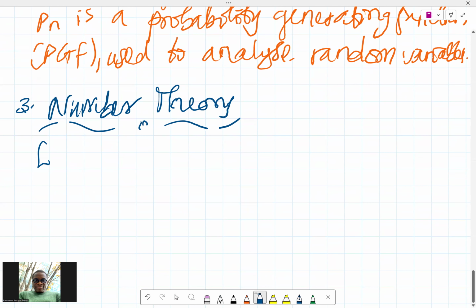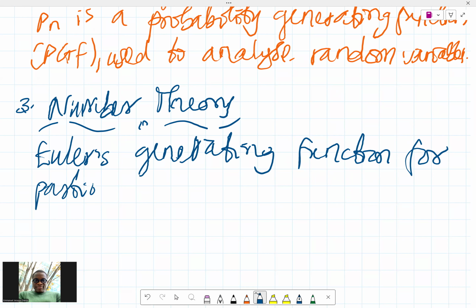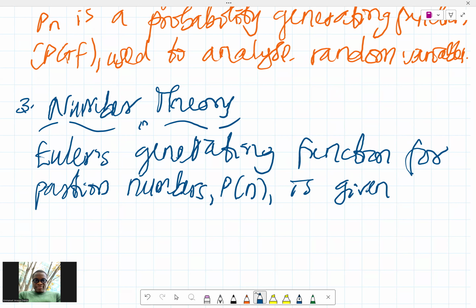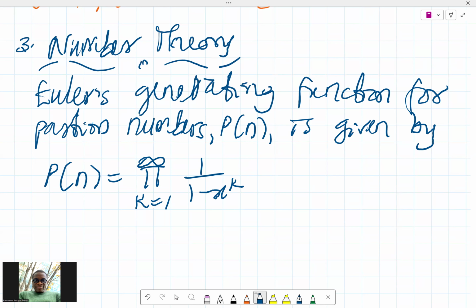Here, Euler's generating function for partition numbers, P of n, is given by this: the product from k equals 1 to infinity of 1 over 1 minus x raised to power k.